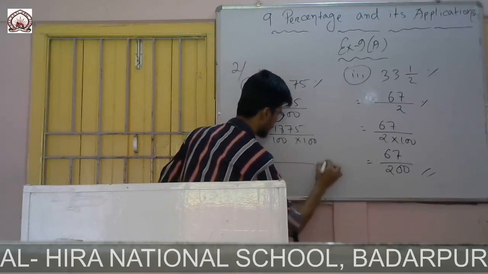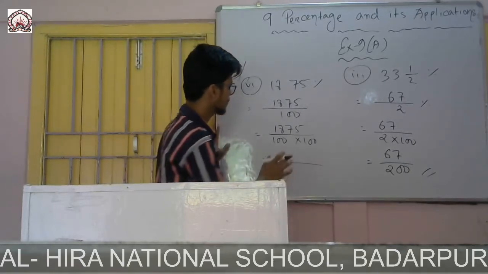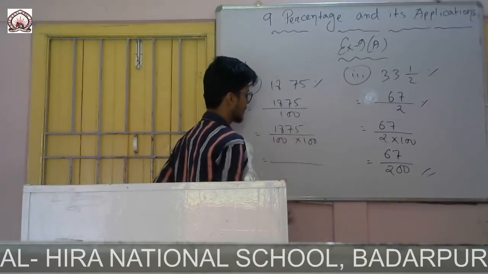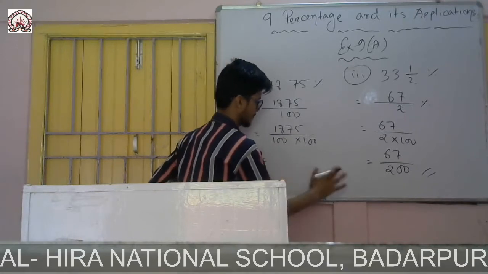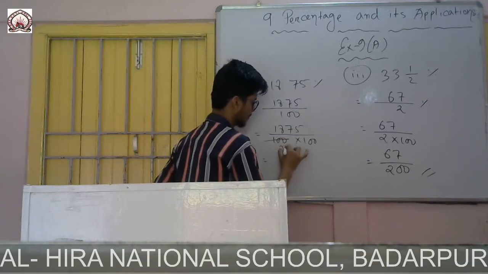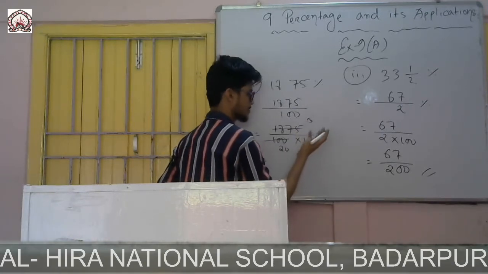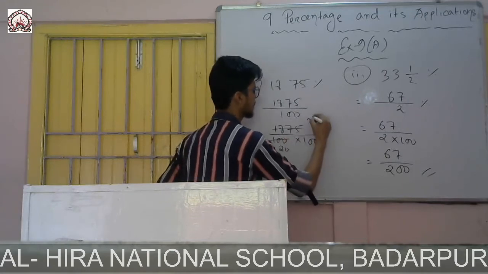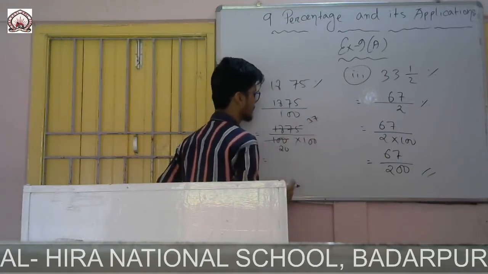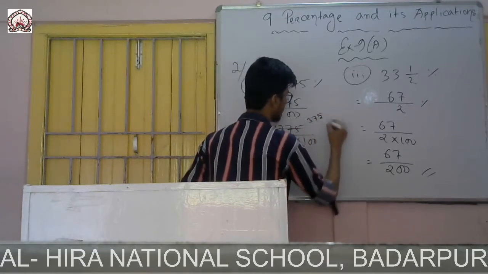Now you can cancel this one with 5, 5 20s are 100, and 5 3s are 15, 5 7s are 35, 5 5s are 25.